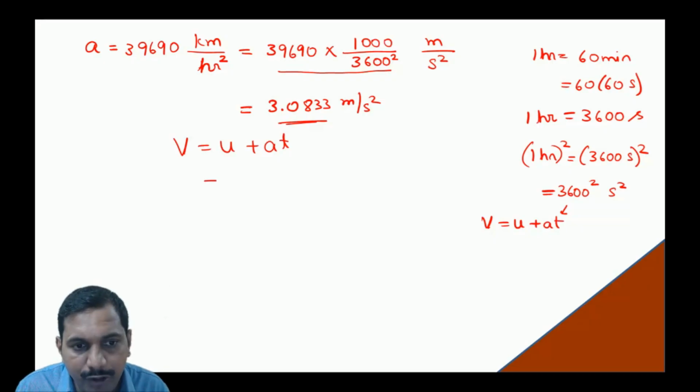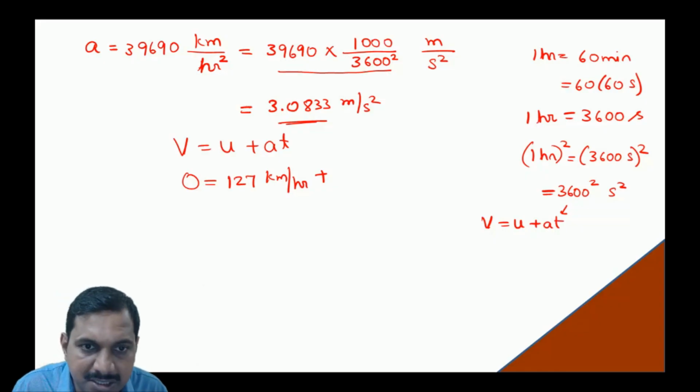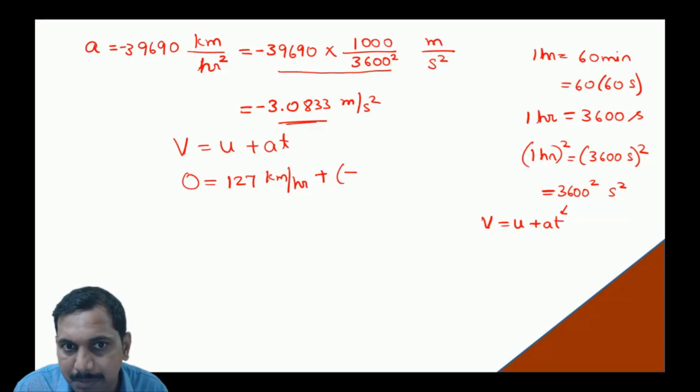V is 0. U is 127 kilometer per hour plus acceleration. We have calculated it is minus. We have missed this minus here. There has to be a minus here. So acceleration is minus 39690, right, into time t.